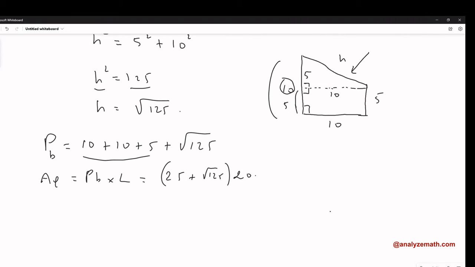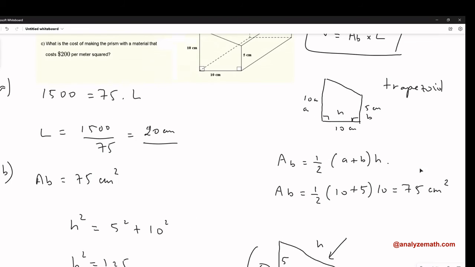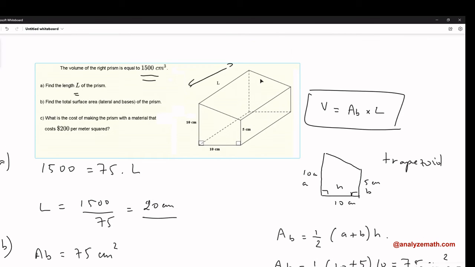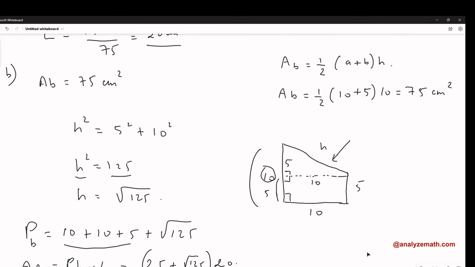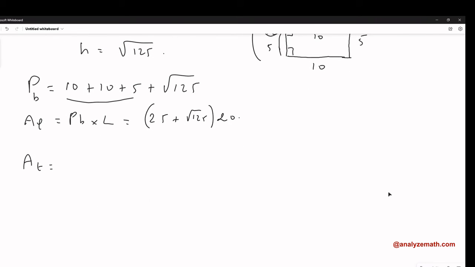So now the total area, A total, remember, it's going to be the two bases. Let's go back. One base here, and then the lateral surface which we found. Now AB is 75 and then twice. So let's put the formula. It's the area of the two bases plus the area of the lateral surface.